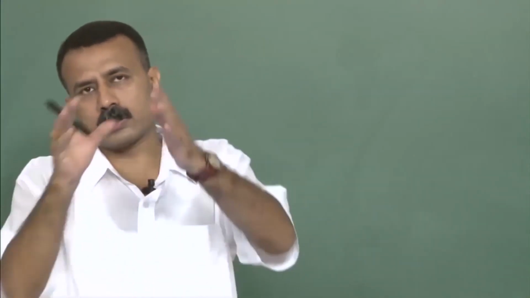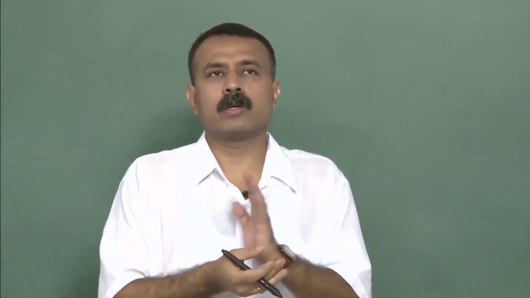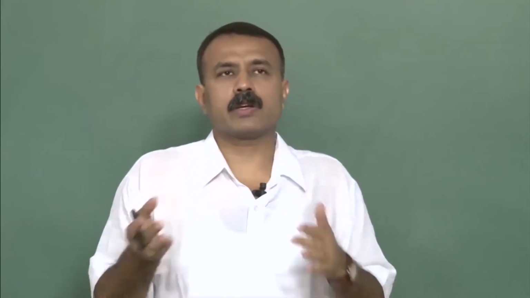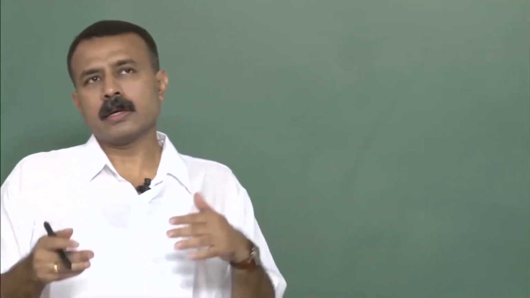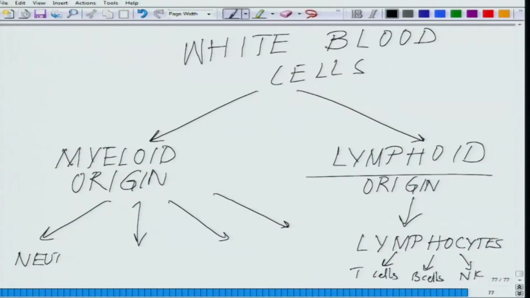I did not show you in the last lecture the whole flow chart of the genesis of the blood, specifically with respect to white blood cells. And on the myeloid origin, we will be talking about the neutrophils, eosinophil, basophil, and you have monocytes. Okay.